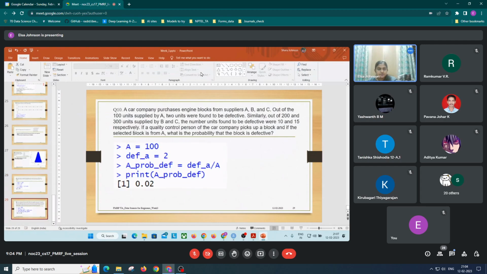Then the next one: a car company purchases engine blocks from suppliers A, B and C. Out of the 100 units supplied by A, 2 units were found to be defective, and similarly, out of 200 and 300 units supplied by B and C, the number of units found to be defective were 10 and 15 respectively. If a quality control person of the car company picks up a block, and it is selected from A, what is the probability that the block is defective?